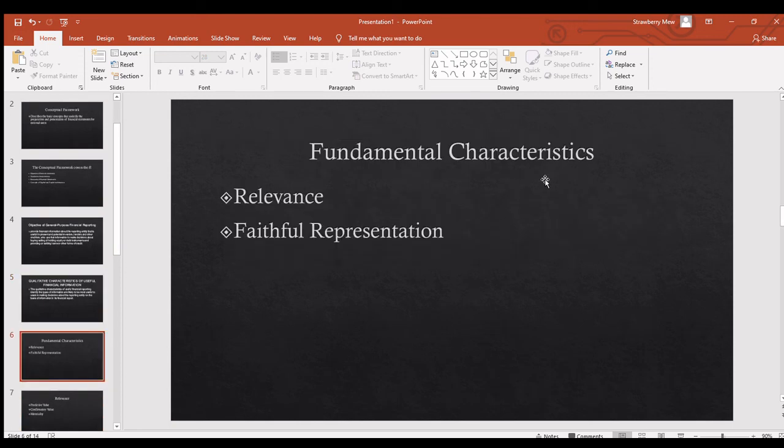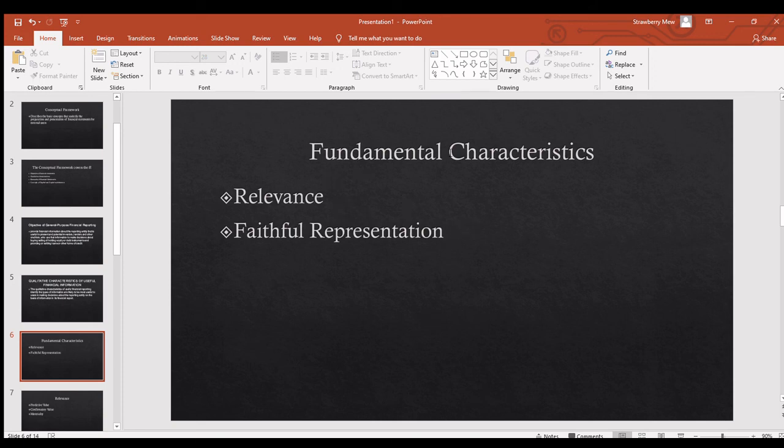Okay, so first we have the fundamental characteristics. We have two kasi. We have the fundamental and the enhancing characteristics. Okay, so first let's discuss the fundamental characteristics. The fundamental qualitative characteristics include relevance and faithful representation.